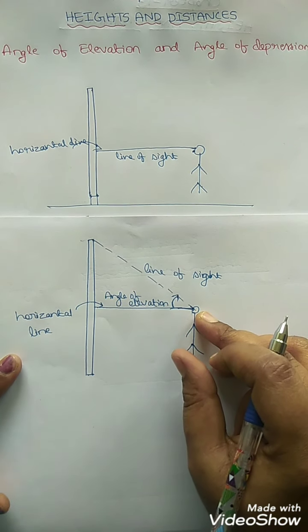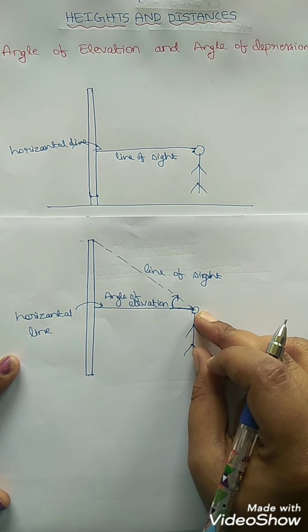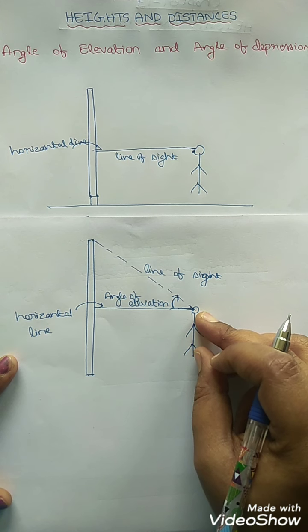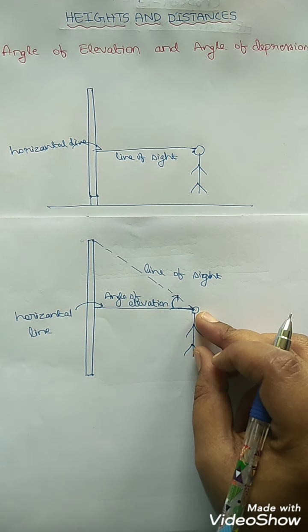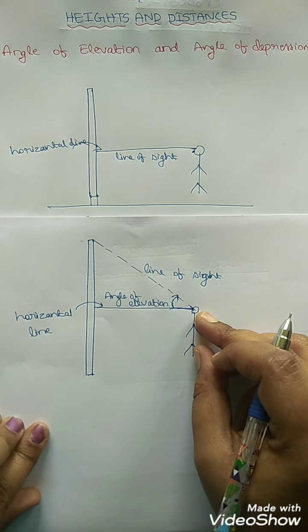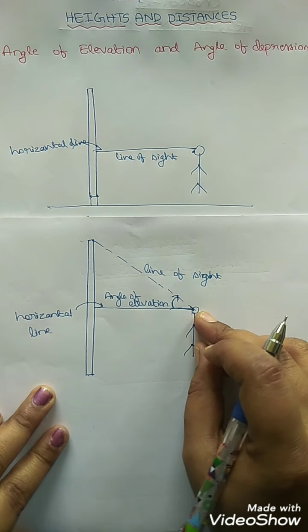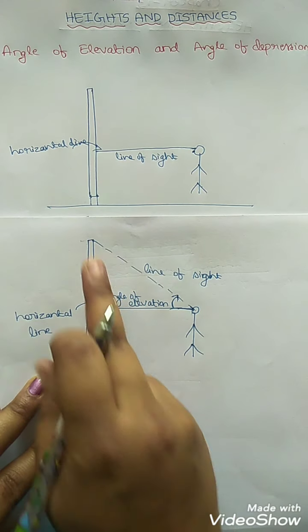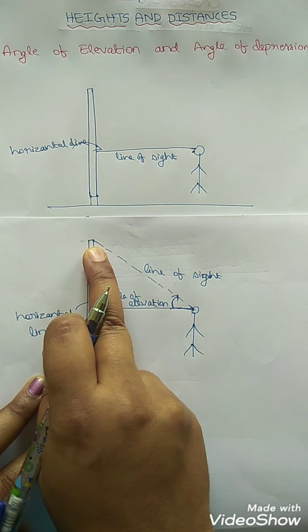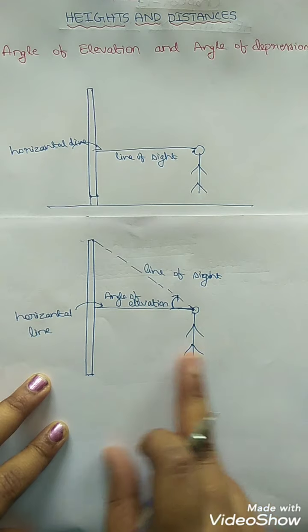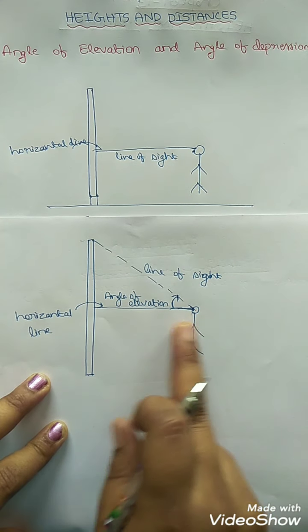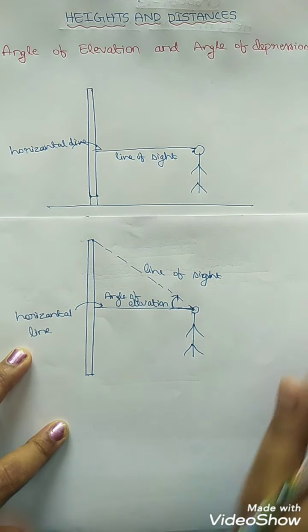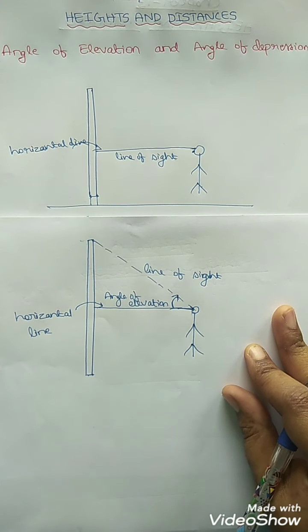Therefore, the definition of angle of elevation is: when a person is looking above or looking up, the angle formed by the line of sight and the horizontal line is called the angle of elevation.